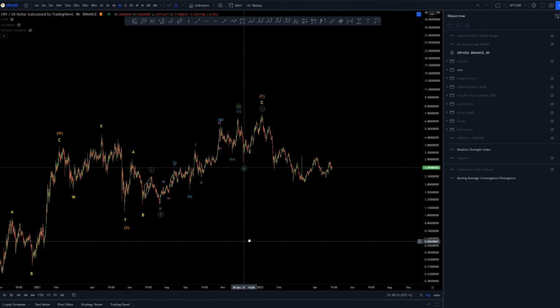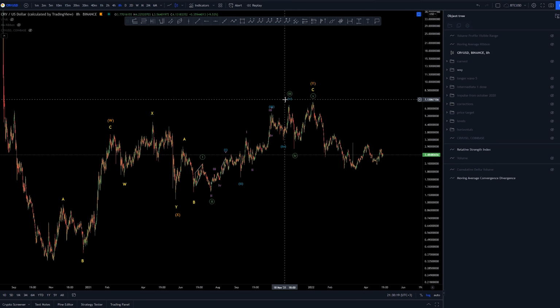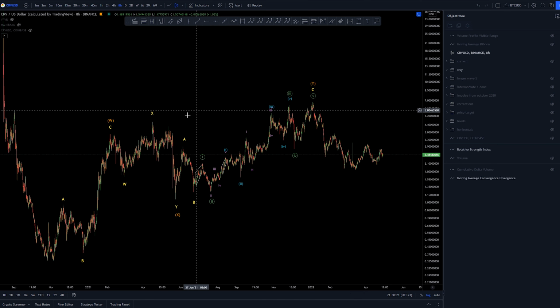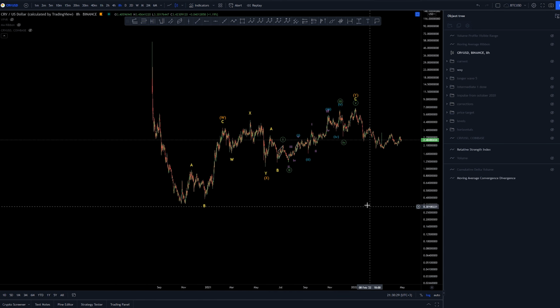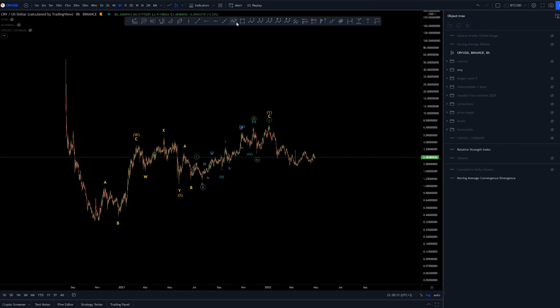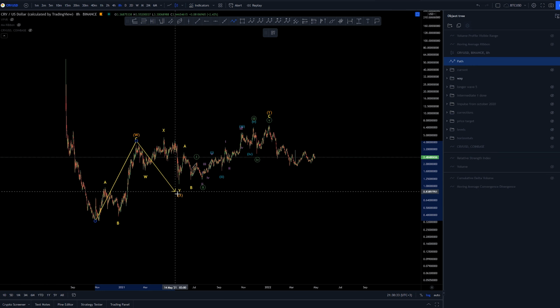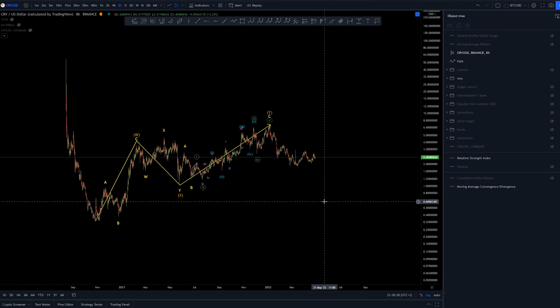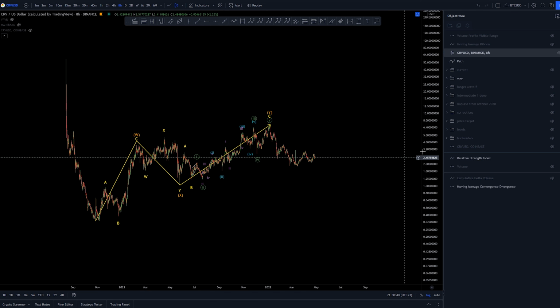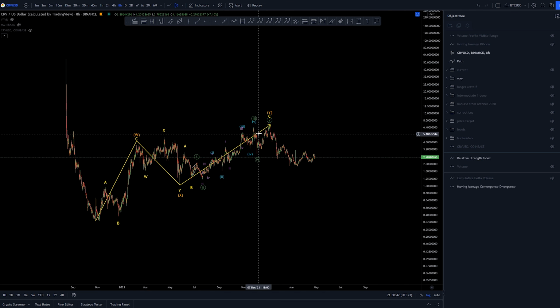This is using the exact same wave count or labeling structure here for the C wave as we did for the previous counts, so no need to go over that. That brings us overall structure looking something like this, and if it is like this, we would be looking downwards as well as with the other counts.